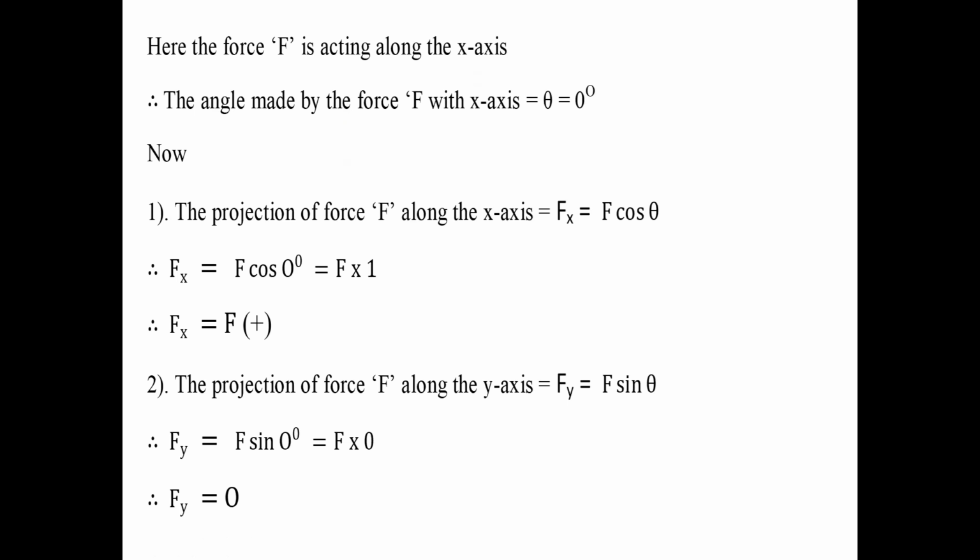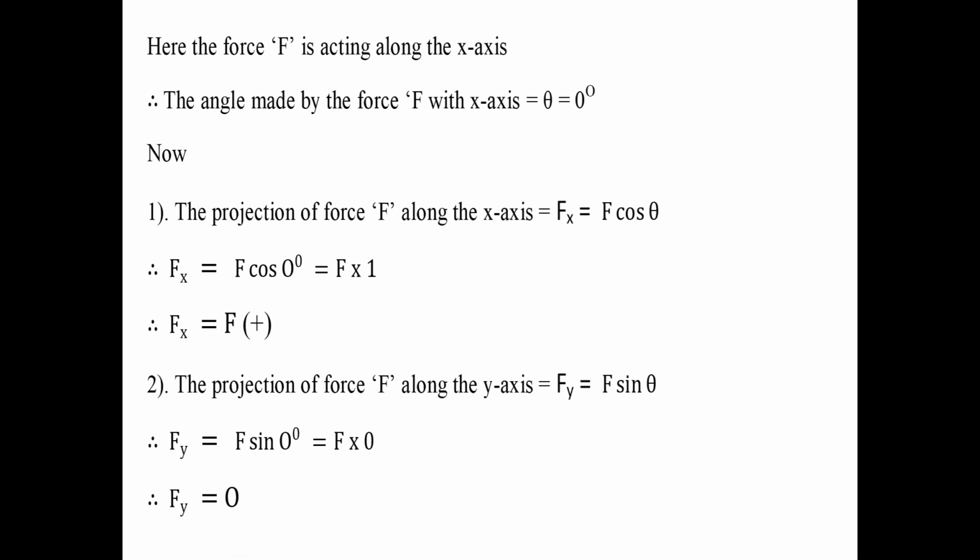Since the force F is acting along the x-axis, the angle made by the force F with x-axis, theta, is equal to 0 degrees. Here we consider this angle theta with x-axis. That angle theta with x-axis is 0 degrees because the force F is acting along the x-axis.